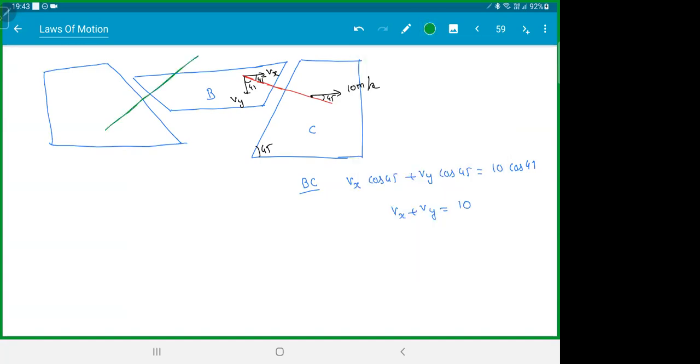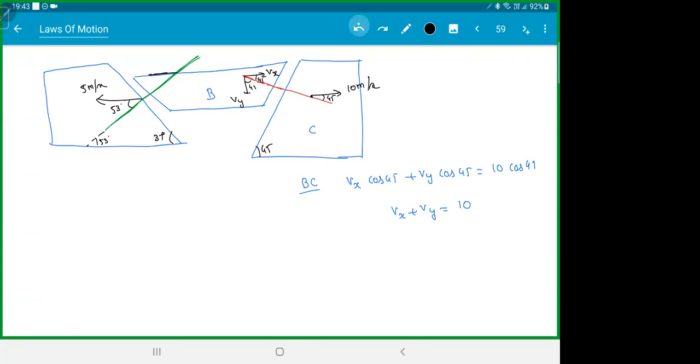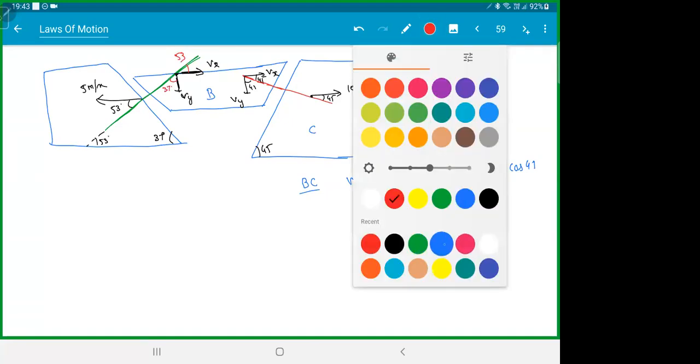Now on this side, this is the normal, the green line. This guy is 37 degrees. So if you take this thing, speed is 5. This is 37. So 90, 53. So this is 53. Now here, be careful. Vx is this way. Vy is this way. So this is 53 and this is 37. Again, you should take velocity along the green line.